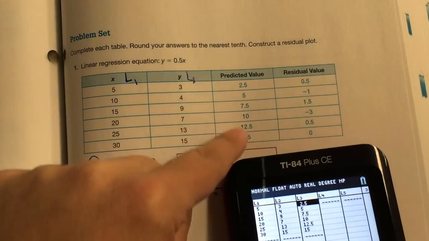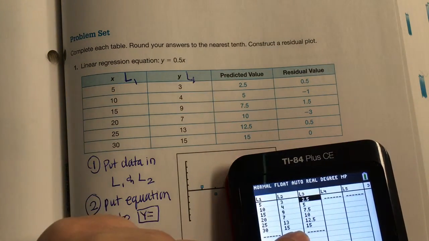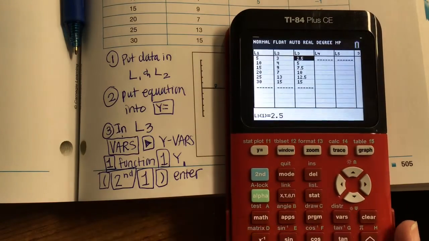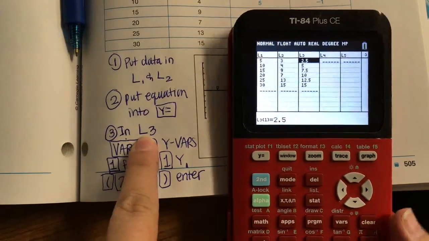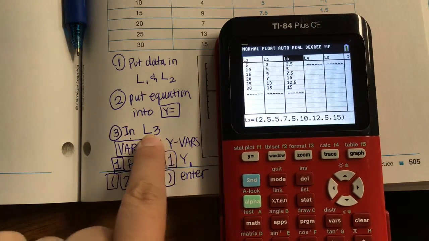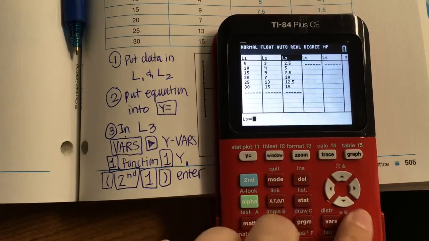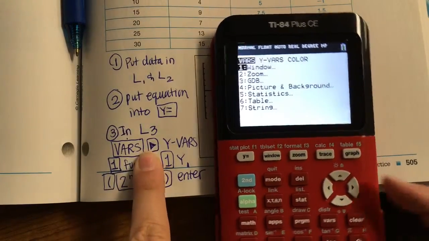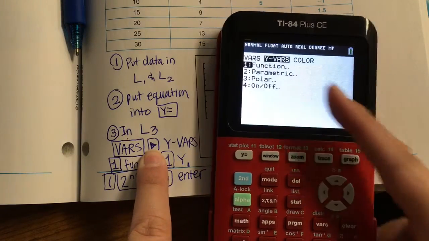So you'll notice all these numbers are right there. Pretty snazzy, huh? So let me write down those steps. So you're going to go into L3, going up where it's dark. Then you push clear. Then you push vars, then push the over arrow till it says y vars.